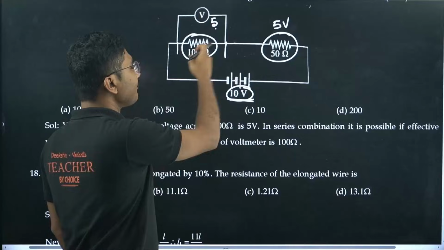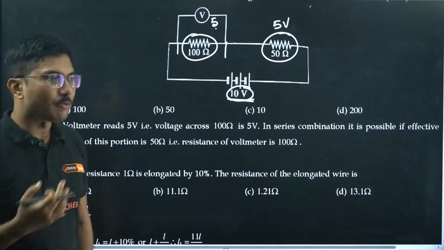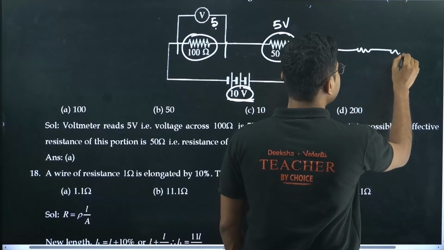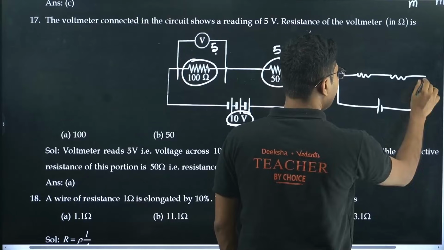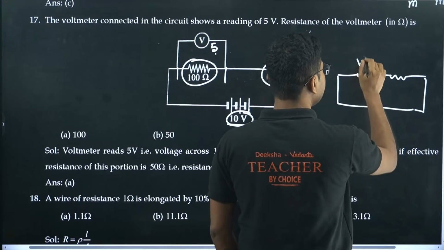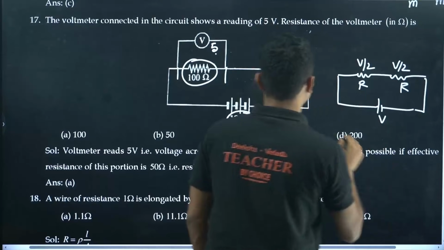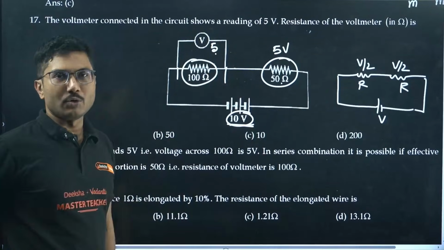Now both have the same voltage. How is it possible? Only if both resistances are equal. Then this is V by 2 and this is also V by 2. That means this combination will also have a 50 ohm resistance.